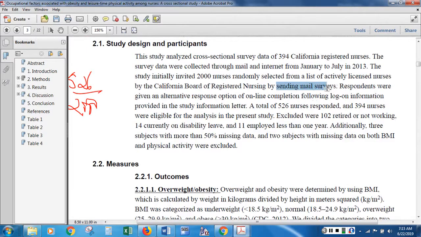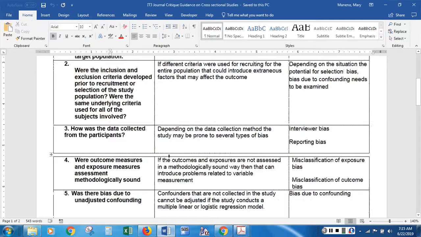And so individuals had to fill out the survey via mail. Some respondents were also given an option of an online completion. So they used 2 data collection approaches: sending mail surveys and using an online approach to gather additional data.